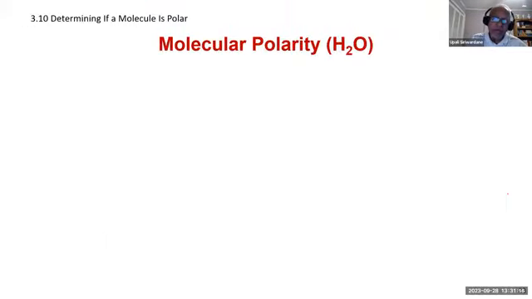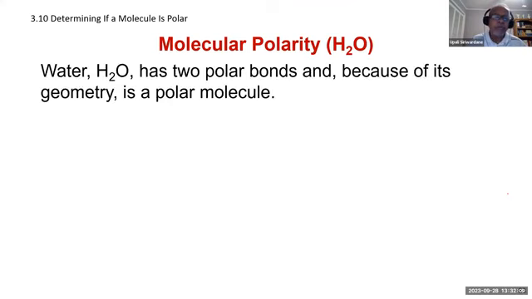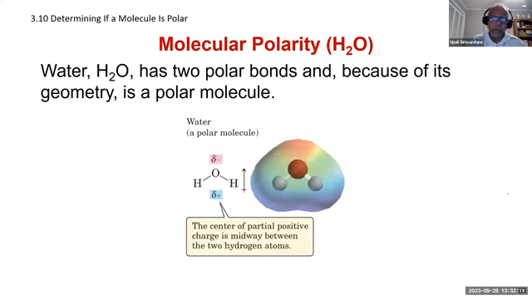Now let's see how the water molecule maintains polarity of the whole molecule. It's a polar molecule. If you look at the water molecule, there are two bonds with polarity pushing out with the negative oxygen as the delta negative.